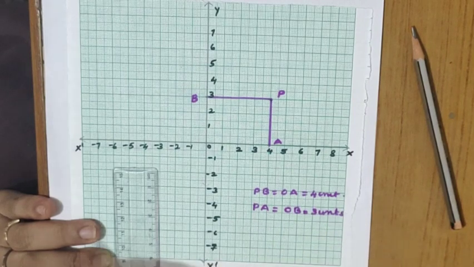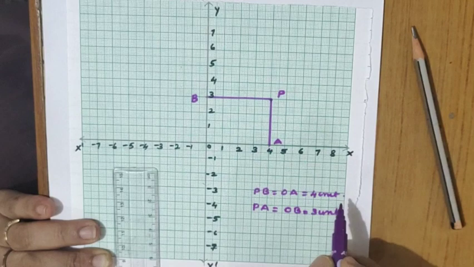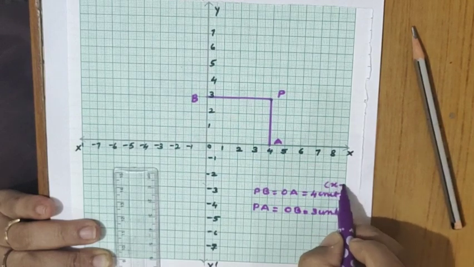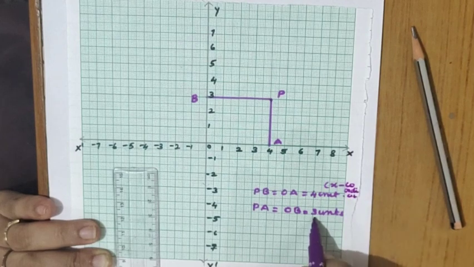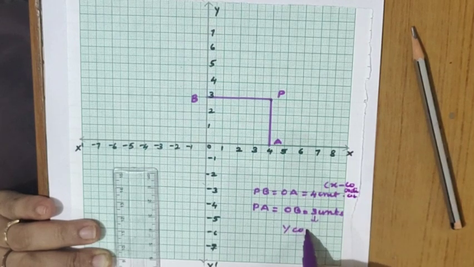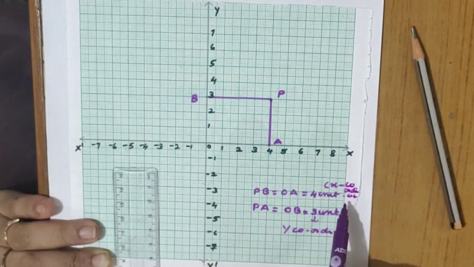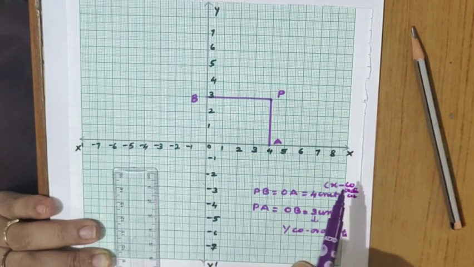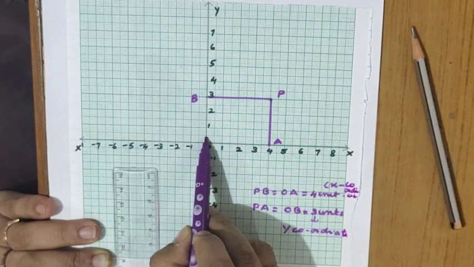Now what is the x coordinate and what is the y coordinate? The x coordinate is what you measure along the x-axis. That means this 4 is the x coordinate. And similarly this 3 is called the y coordinate. So what is the definition of the x coordinate? It is the perpendicular distance from which axis?